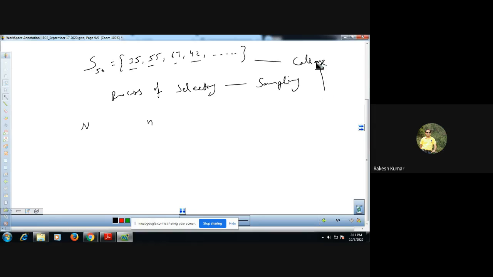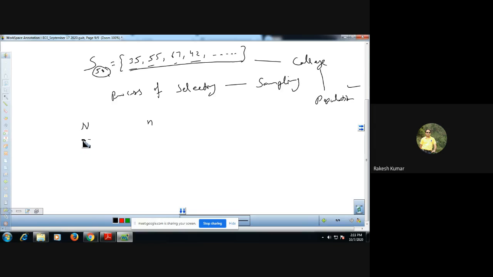The total number of students in the college is defined as the population, and out of the population we have taken a sample, these are the sample marks of 50 students. So we have taken a sample of 50 students. So small n is for sample size and capital N is for population size.